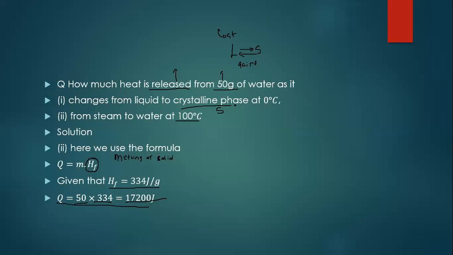So we go to part 2. Part 2 is talking about steam, coming from steam to water. What is that process called? What is the process which takes place when steam changes to water?